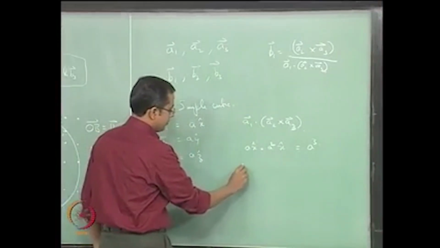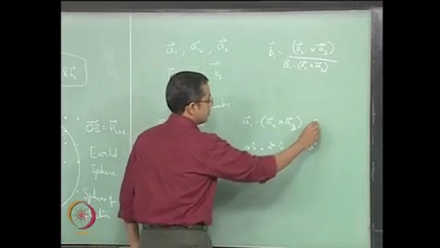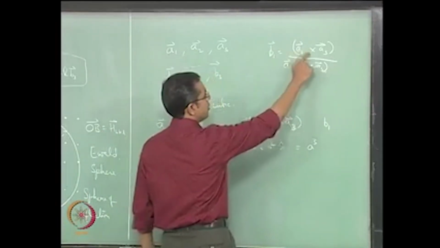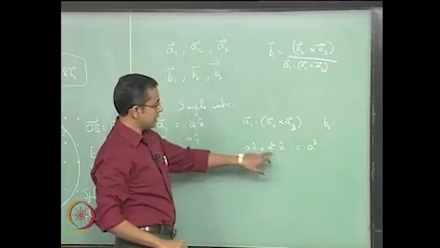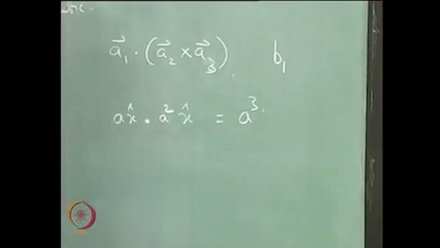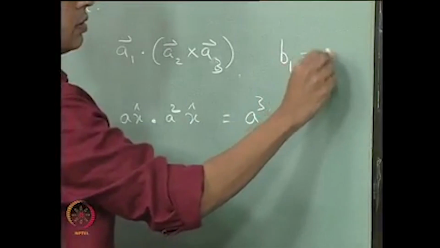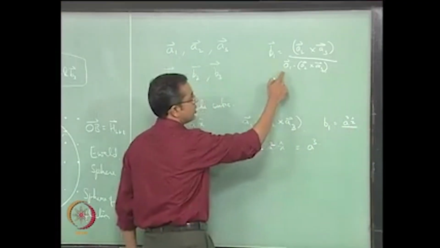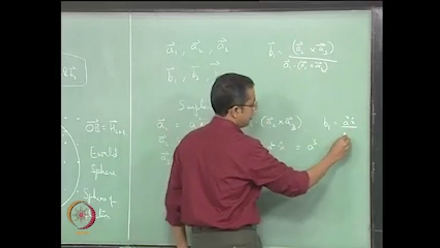B1 is A2 cross A3, which we already calculated as A square x, divided by this volume A1 dot A2 cross A3, which is A cube.